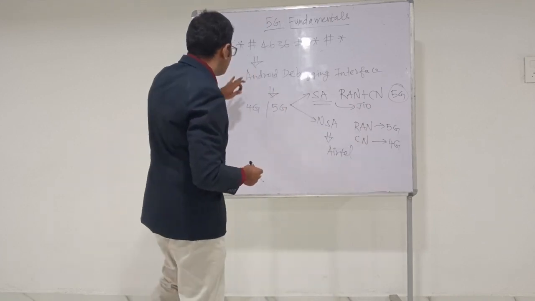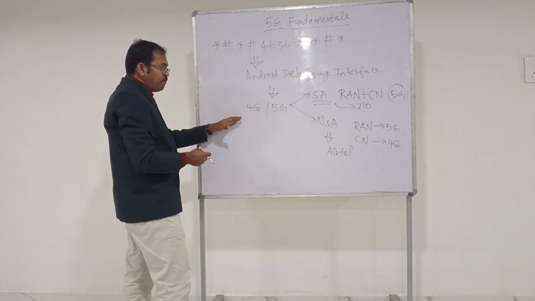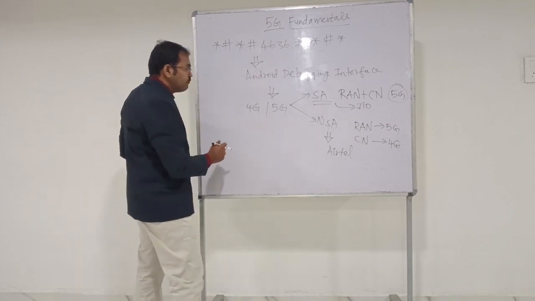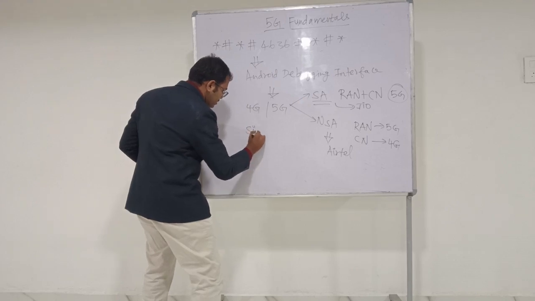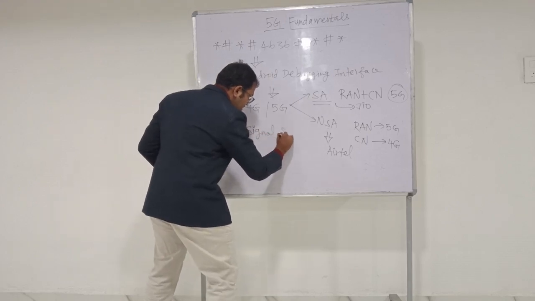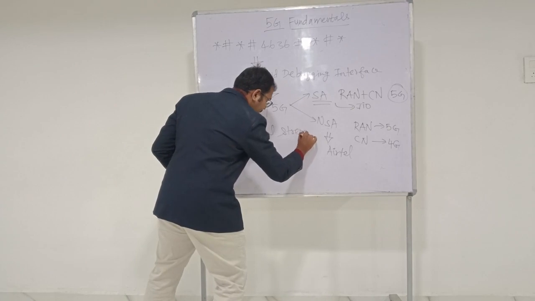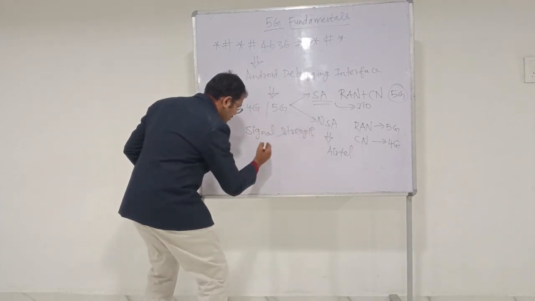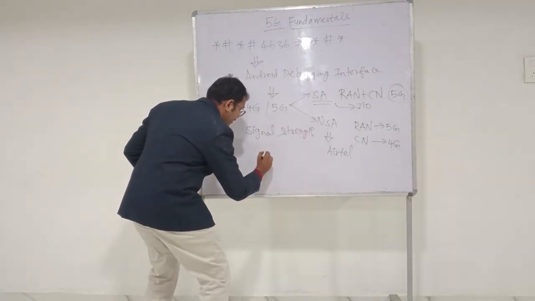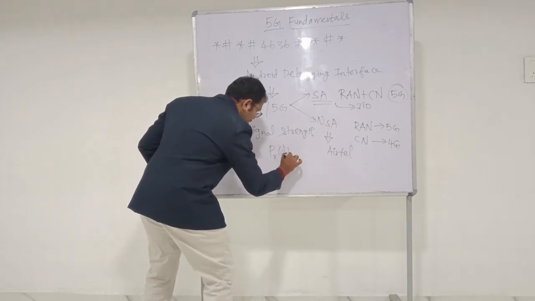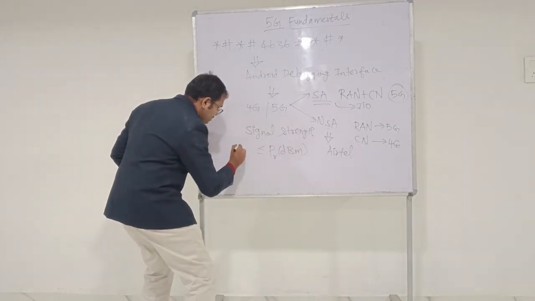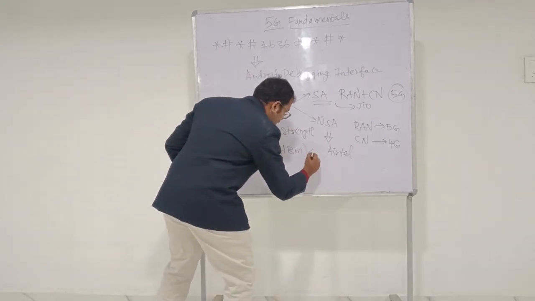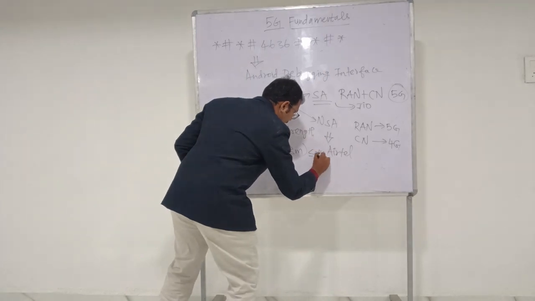Moreover, in this interface, apart from the type of connectivity, you can also look at a few more network parameters. One could be your signal strength. You will see received power in dBm. This received power in dBm will be somewhere between -80 and -110 dBm.